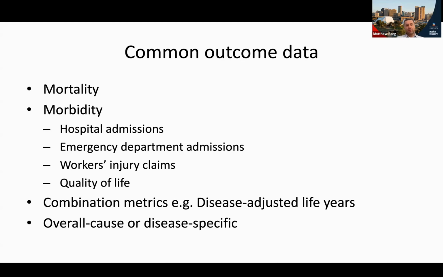And these can be overall cause or disease-specific mortality and morbidity. That is to say, it can be either deaths or morbidity due to any cause during heat, or it can be from a specific disease cause. Heat-related illnesses are the disease group that we most associate with heat. However, it can also include those with an indirect relationship.